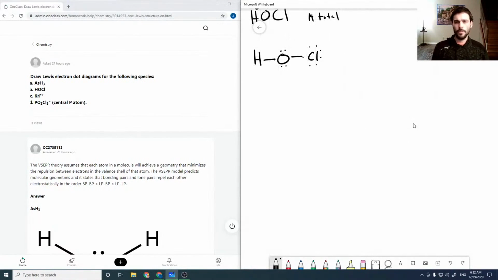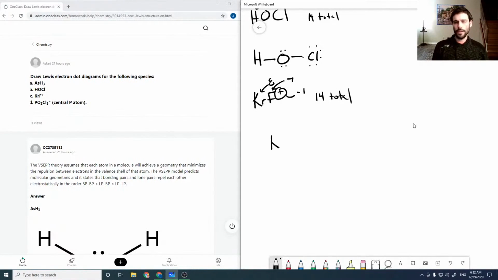Okay, and then KrF plus. Krypton has 8, fluorine has 7, and then the plus charge is -1 electron. So 8 plus 7 is 15, -1 is 14 total.